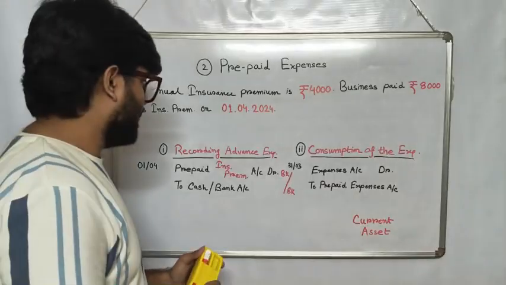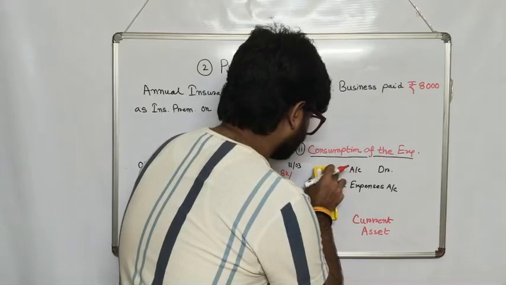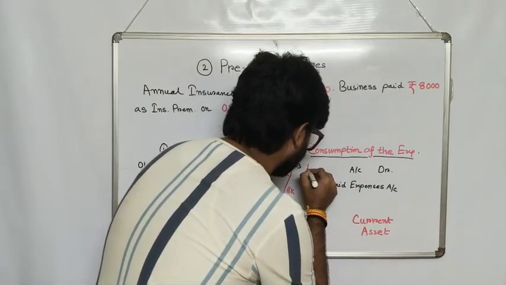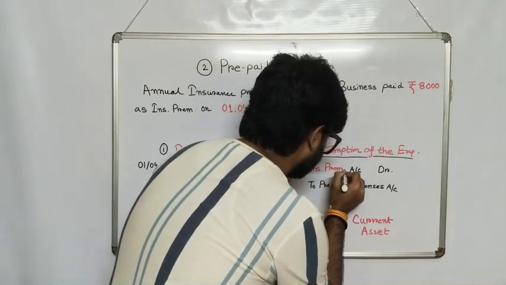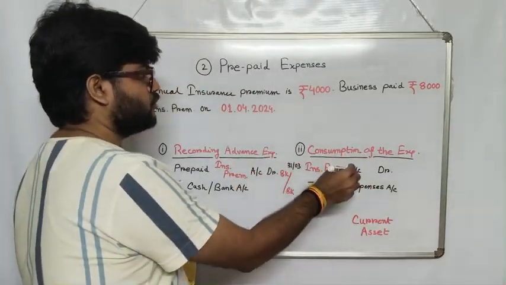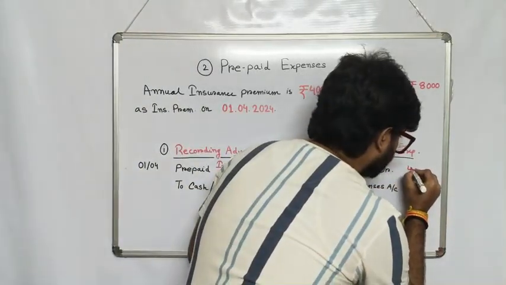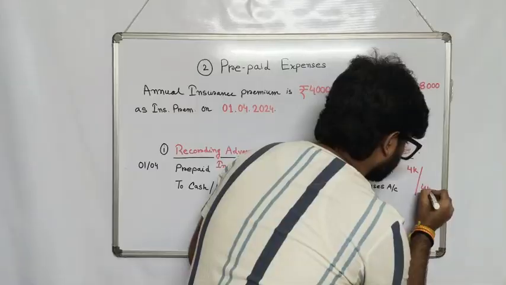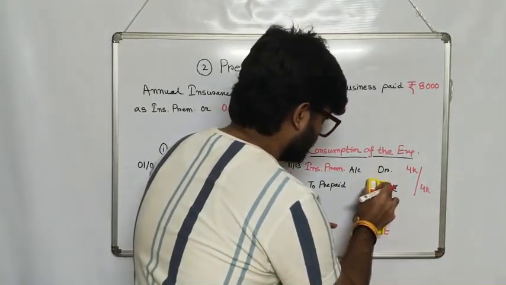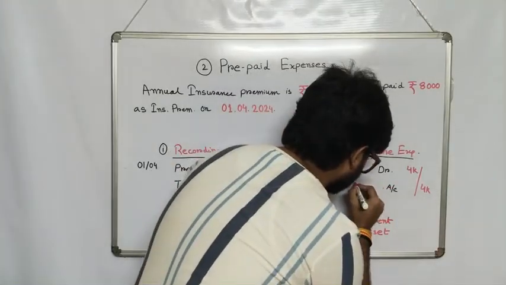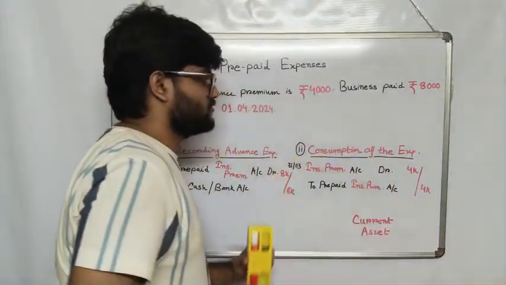So now the expenses, that will be the insurance premium, I'm writing in short, insurance premium account debtor to the amount of this year only, that is rupees 4,000, to prepaid expenses, also to be changed as prepaid insurance premium 4,000.